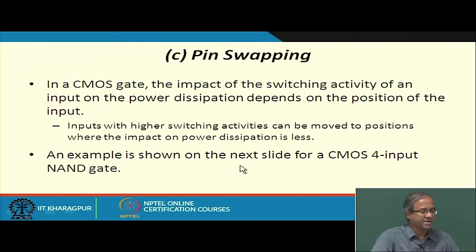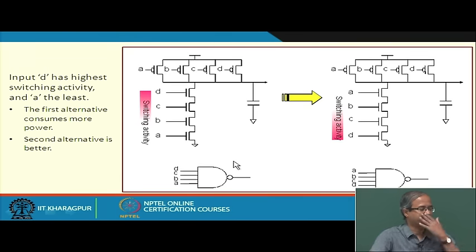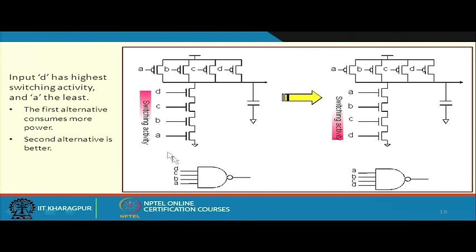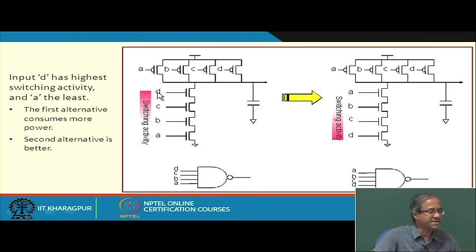We are explaining this with the help of an example here. We take a 4 input NAND function. Say the inputs we have connected are as follows: D, C, B, A, and this slide shows red means maximum activity, the lighter shade means less activity, which means the alpha value for D is the highest, alpha value for A is the lowest.